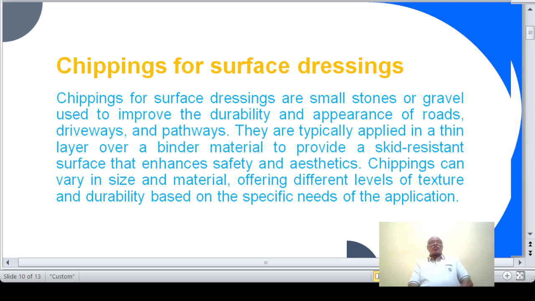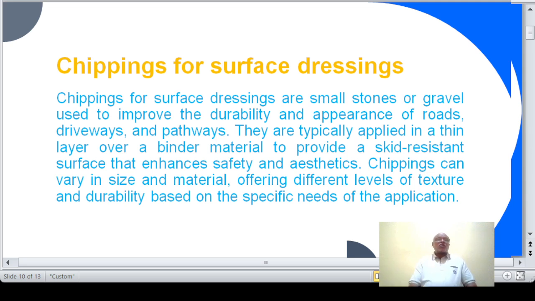The nominal sizes of chippings normally used for surface dressings are 6, 10, 14, and 20 millimeters. Flaky chippings are those with a thickness, the smallest dimension, less than 0.6 of their nominal size.